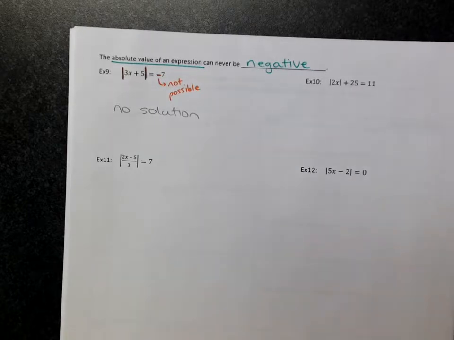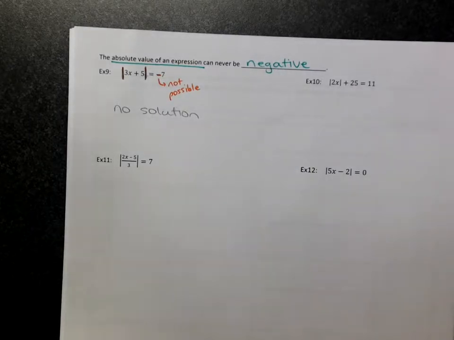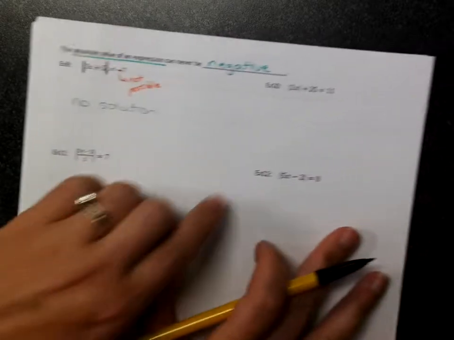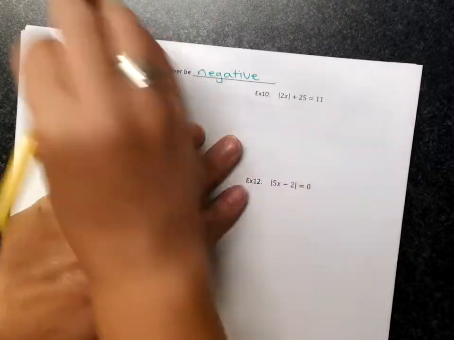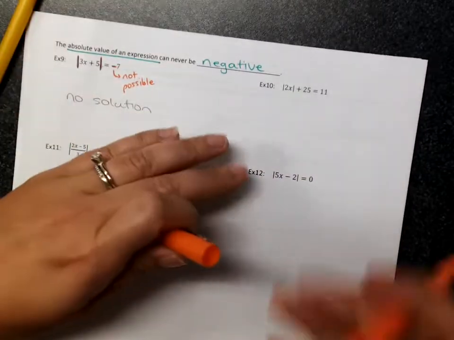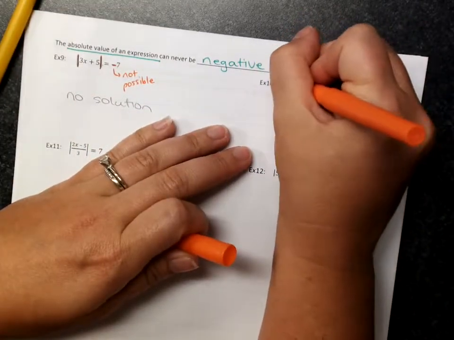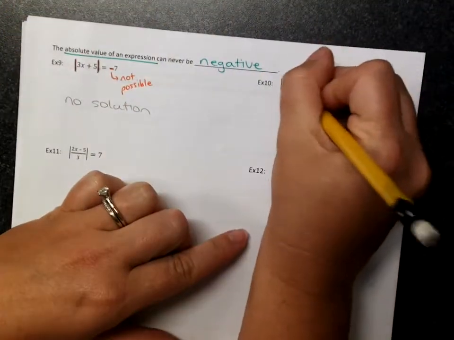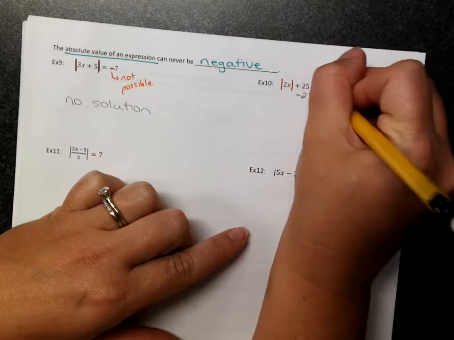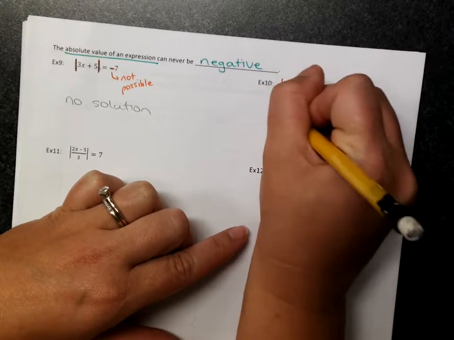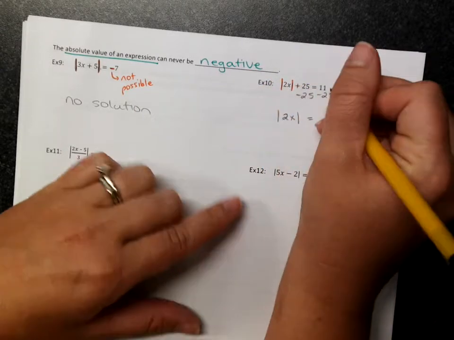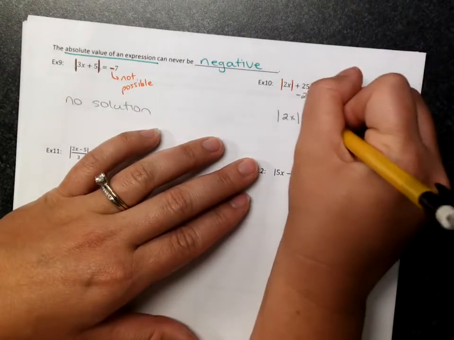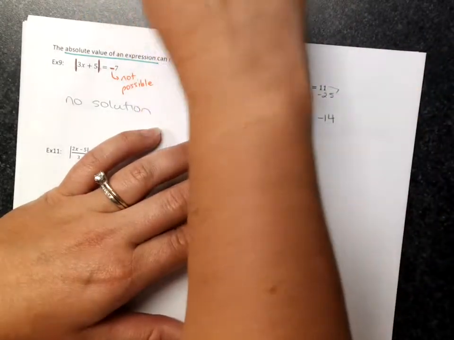Again, if you're getting no solution over and over again, you're doing something wrong. Every now and then, very rarely, you'll get no solution. It does not happen very often. Let's look at example 10. Only the 2x is in absolute value bars. So I'm going to move that 25 by subtracting it. And I get the absolute value of 2x equals 11 minus 25, which is negative 14.